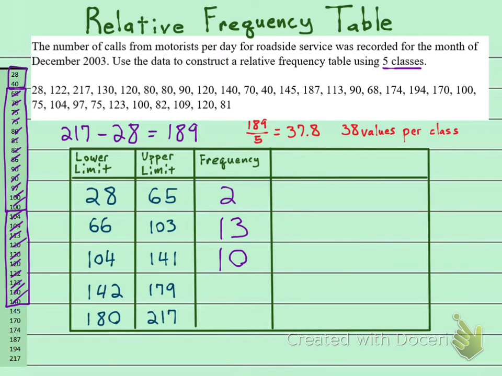And 142 to 179 is going to include 3. And 180 to 217 is going to include 3. If you want to check, you add these up. The sum of all of these should give you 31, because we have 31 data values.